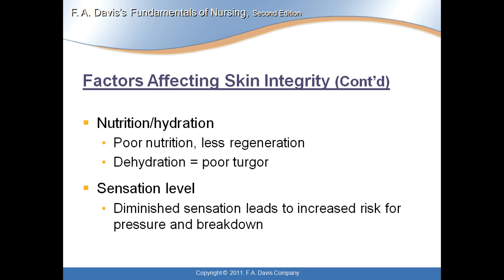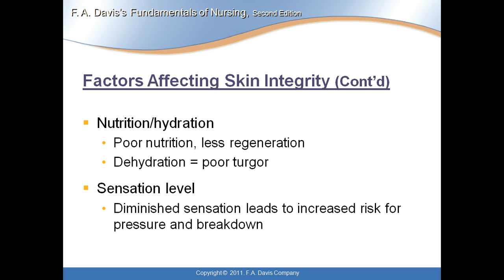For calorie intake, there's a need for protein to prevent weight loss, loss of subcutaneous tissue, and muscle atrophy. I think all of this not only helps prevent breakdown, but also whatever breakdown you do have, it'll help build and allow the wound to heal faster.